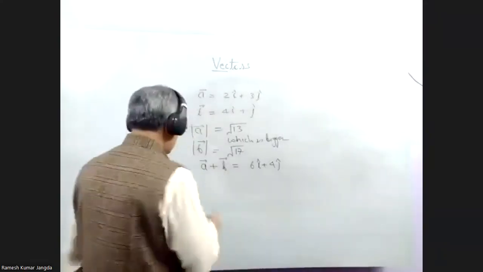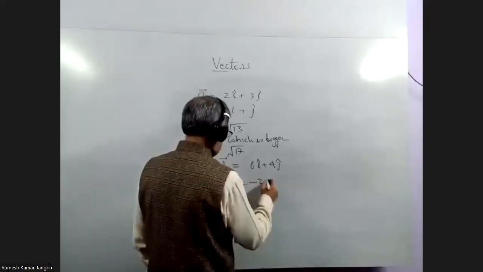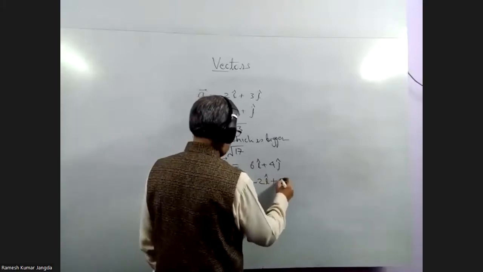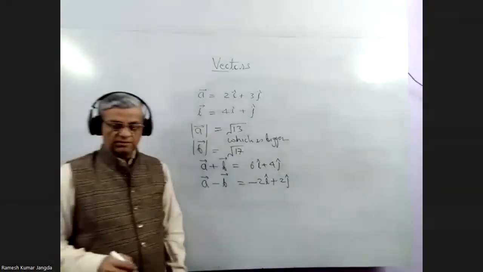Now, if you have to find A minus B, then how do we do this? Minus 2i cap plus 2j cap. Okay.